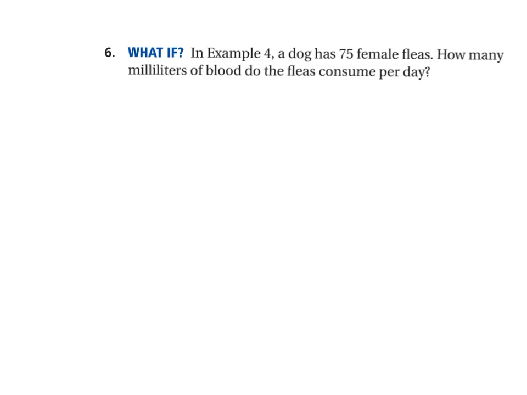All right, number 6, we're now talking about example 4 again, which was the fleas. If a dog has 75 female fleas, how many milliliters of blood do the fleas consume per day? Okay, so on this one, remember we had the flea consumed 1.4 times 10 to the negative 5th liters of blood per day.